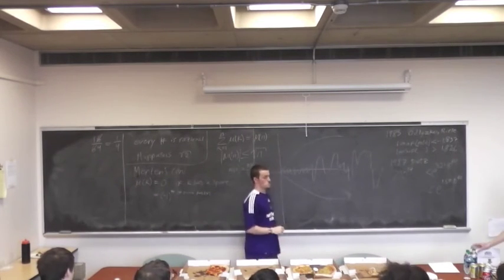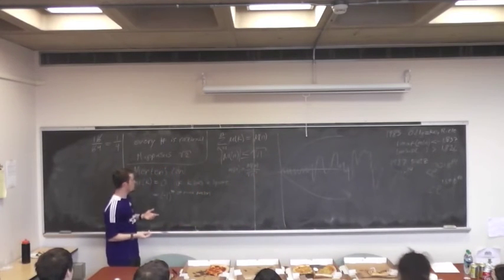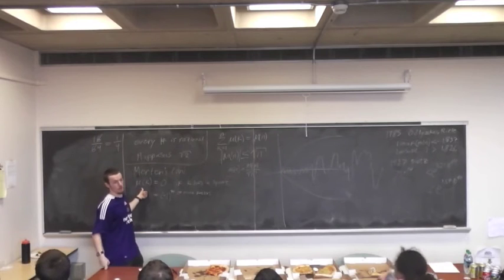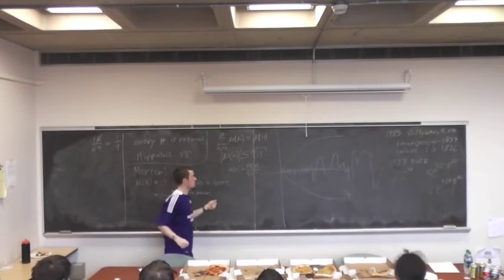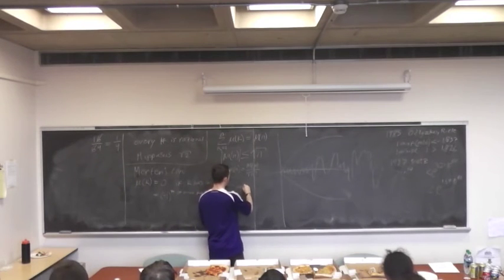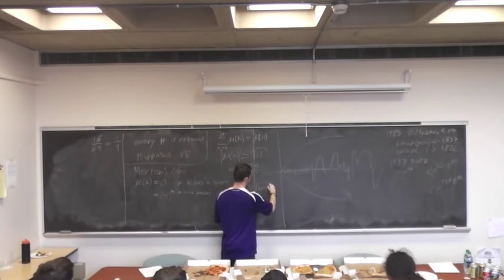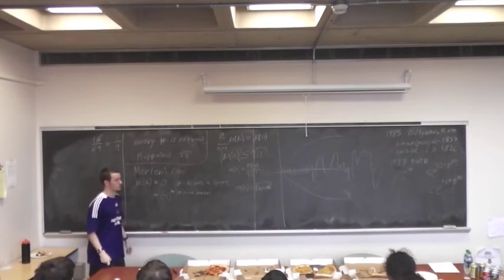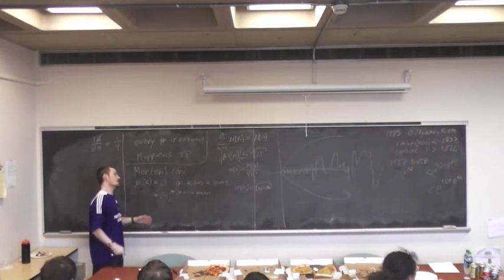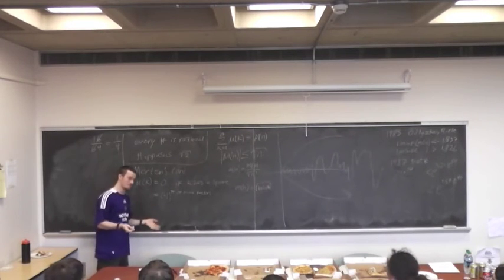You go to Graham's number. Yeah, we're not sure. But if you think of mu of k as being a random sequence of plus or minus 1, then you end up getting that M of n should grow something like square root of log n. Little m of n should grow like square root log n. But does it seem to be random from the numerical evidence? Is mu of k random?